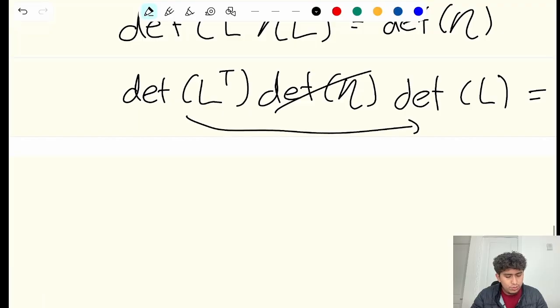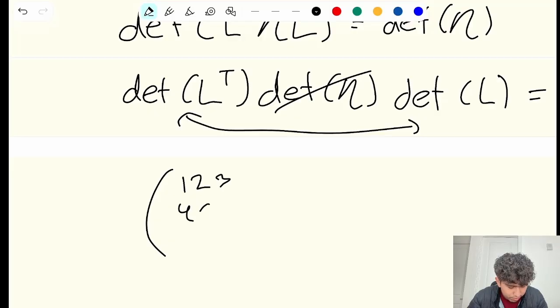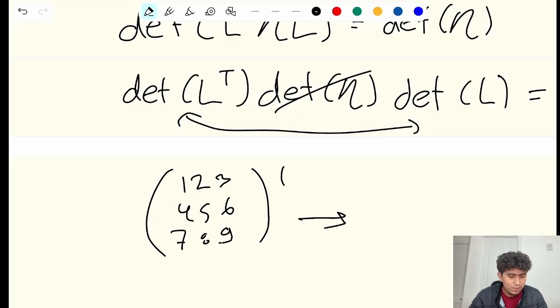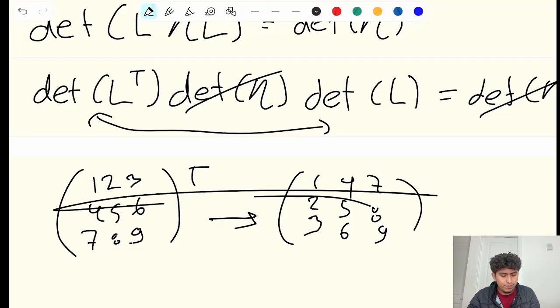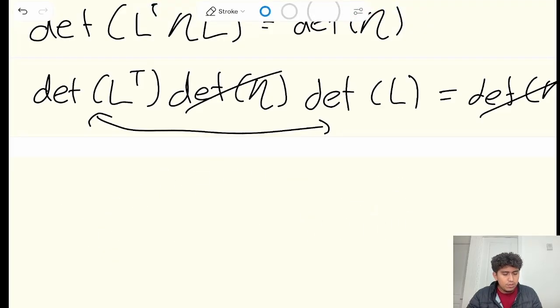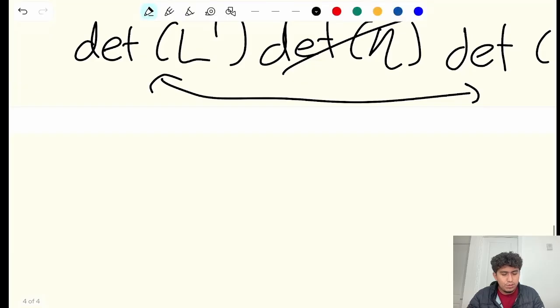And these 2 determinants, the determinant of the transpose, if you remember what the transpose is, let's say we have a 3 by 3 matrix with 1 to 9, you do a transpose and you get the rows and columns swapped. So these 2 determinants are going to be the same. You can prove that.